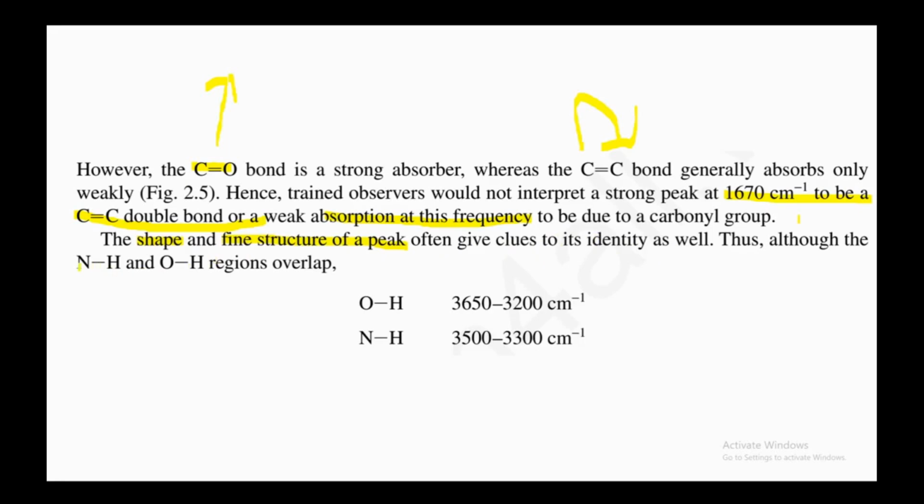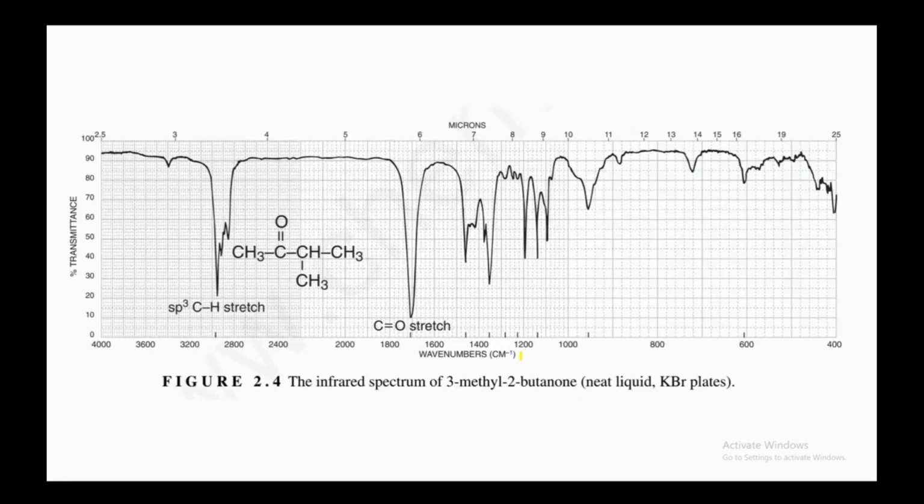Thus, although the NH and OH regions overlap, as you can see in this box, for OH we have the region 3600 to 3200, and for NH it's 3500 to 3300. So these two regions overlap quite a lot, so it's really hard to pick which is for OH and which is for NH. But from the shape and fine structure of the peak, we can determine which peak is which.